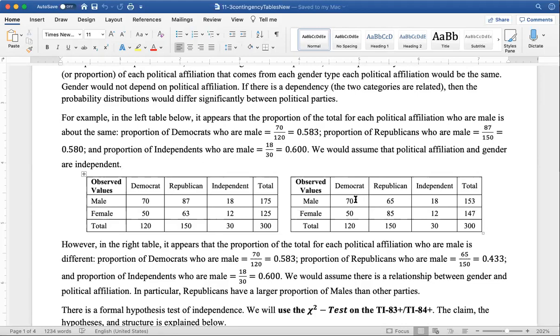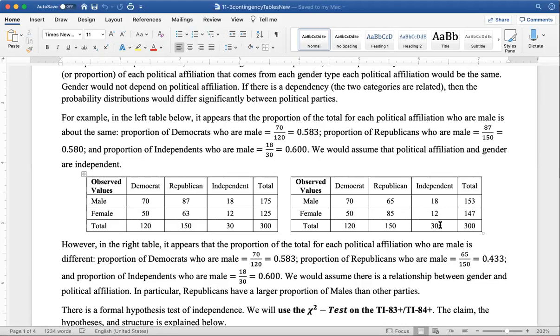Now, if we find the proportion of each of the political affiliations that are male, we're going to see that those proportions are different. For Democrats, 70 out of the 120 are male. Again, that's 0.583. But 65 out of the 150 Republicans are male. That is only 0.433.